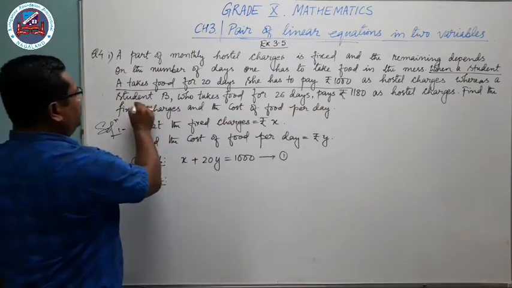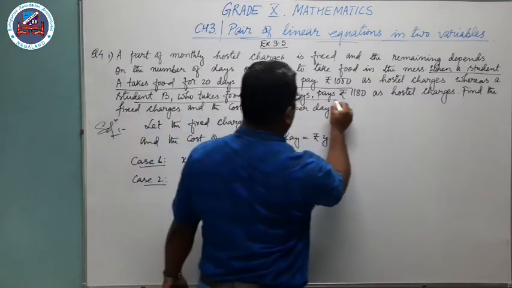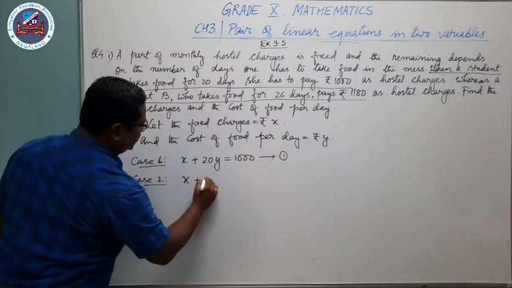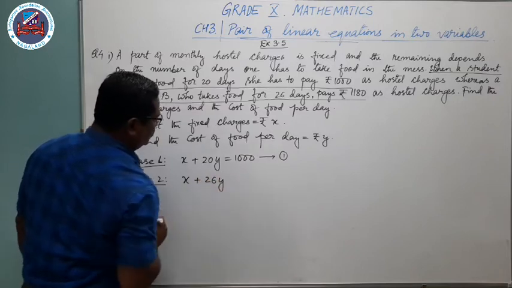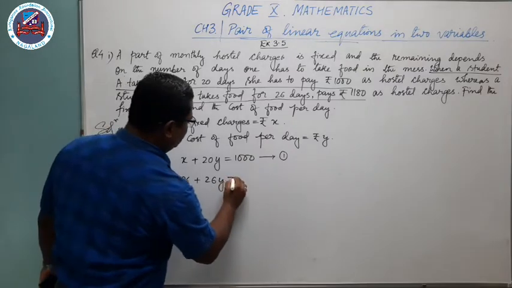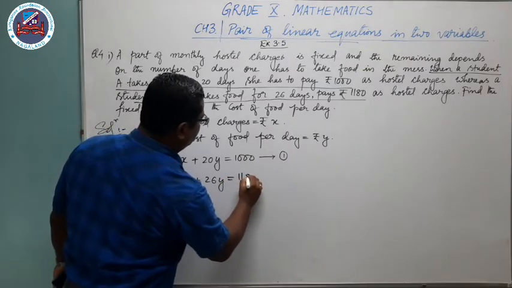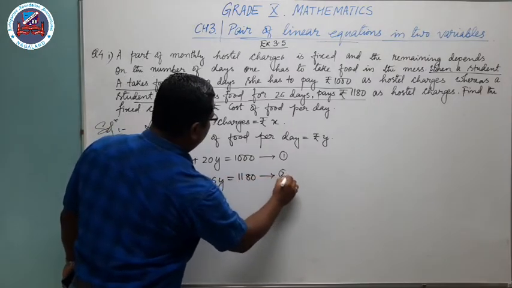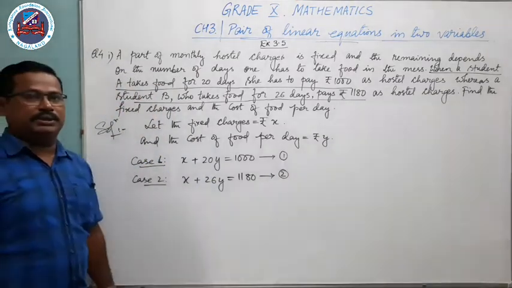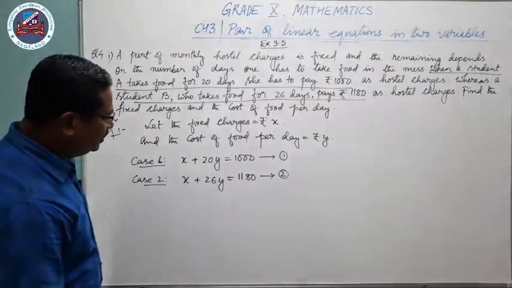Then case 2, whereas a student B who takes food for 26 days, here also fixed charge is compulsory, plus 26 days he takes food. So per day is y rupees, so it is 26 into y, that comes up to 1180. That is equation number 2. Like this you will make a pair of linear equations in two variables, and then you will go for solving.